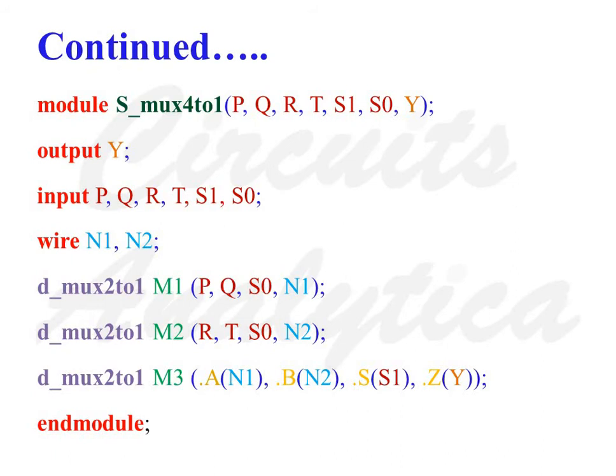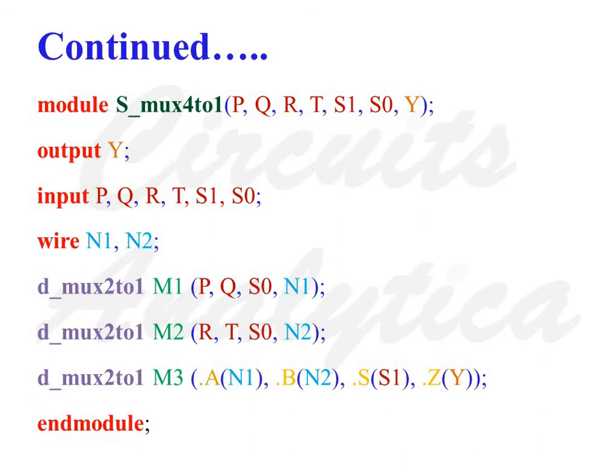The first port of the 2:1 multiplexer is A, which is connected to P. The second port of the 2:1 multiplexer is B, which is connected to Q. The third port of the 2:1 multiplexer is S, which is connected to S0. And finally, the output is connected to signal N1.